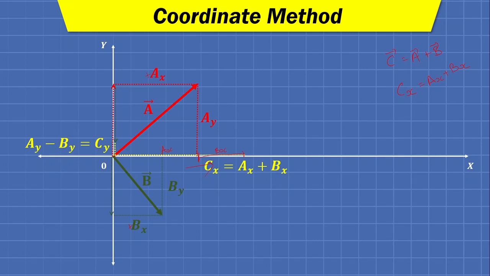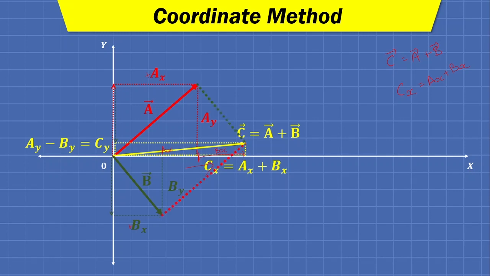So the resultant y component of the resultant vector will be ay minus by, and by joining them we can have the resultant vector c bar, which is equal to a bar plus b bar.